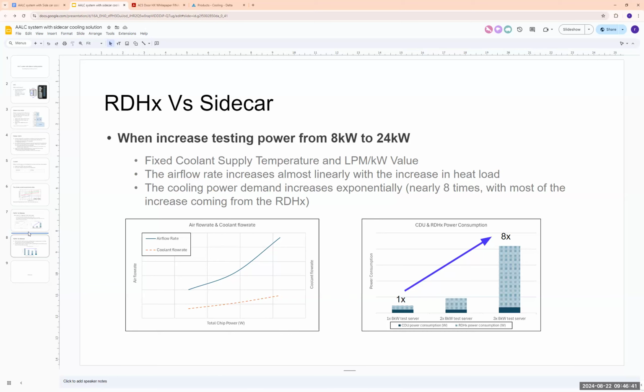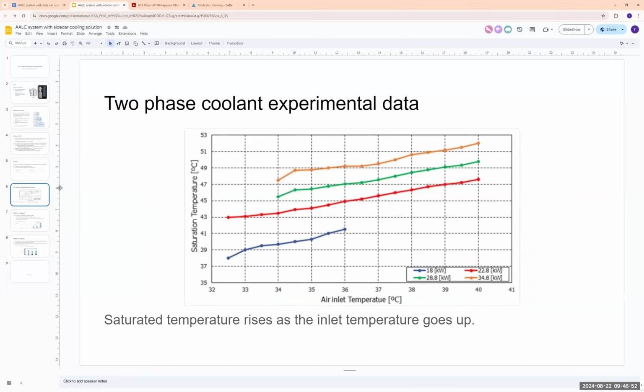Also, there is not a big difference between these two technologies, because of the graphic you are seeing on page 6. Oh, this is two-phase completely, right? Yeah. But this is the performance data of one specific sidecar. You can change the heat exchanger and you will have another performance. So this is not a general graphic for general sidecars with two-phase.